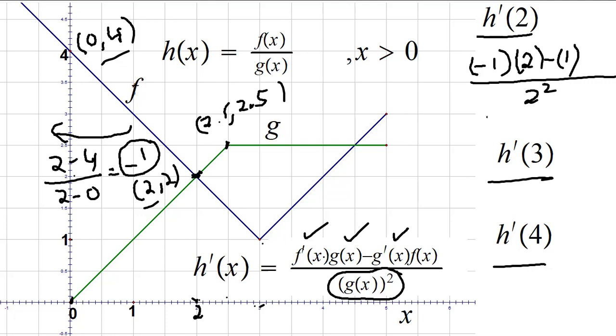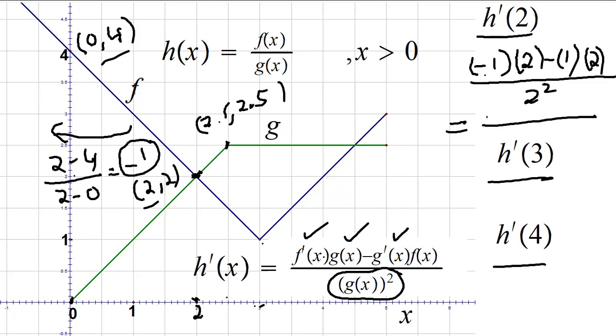And then we have to have the value of f at 2, and the value of f at 2 is simply 2, since g and f intersect there, so their values are equal. So what do we get here?